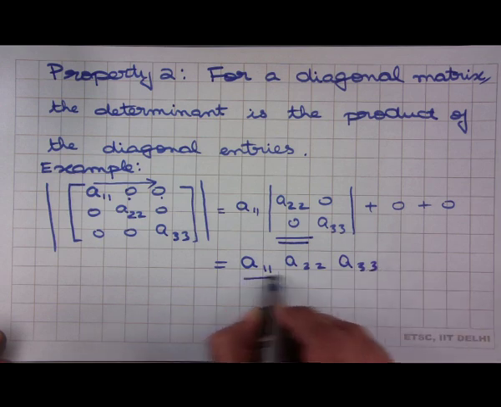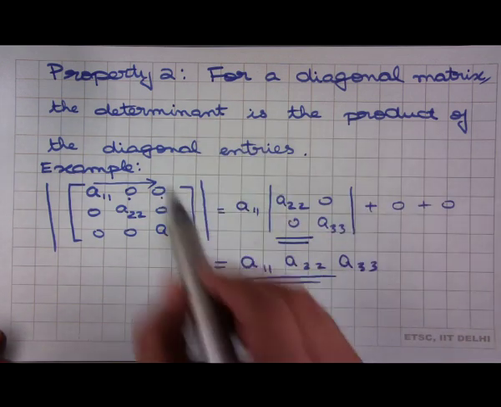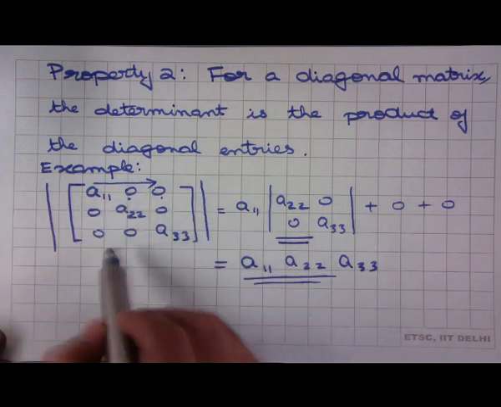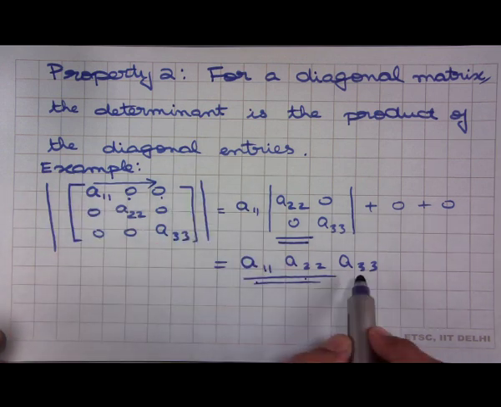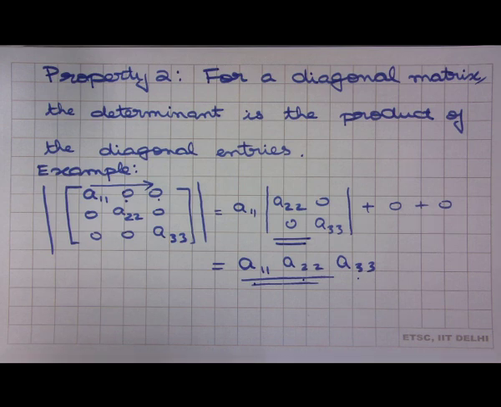So, there we have it, that the determinant of a diagonal matrix is nothing but the product of the diagonal elements. And what we have illustrated is for a 3 by 3 matrix, but in general, for a 2 by 2, or more generally any other order n by n, we have the same property: if you look at a diagonal matrix, its determinant is very easy to calculate.